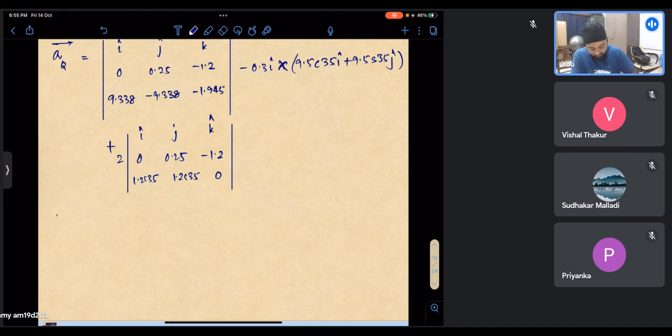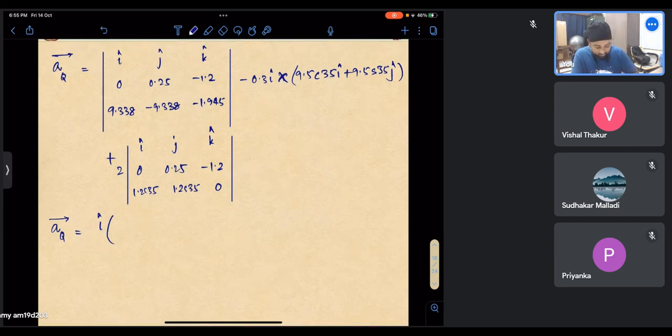So let us do that. AQ is I cap. I'll commonly take all the I caps together. So it will be 0.25 into minus 1.945 minus 1.2 into 9.338. Let me erase this. This is 1, and then we have I cross J. There is no I cap component here. 0, and then we'll have one component from here for the I cap. So let us account for that also.